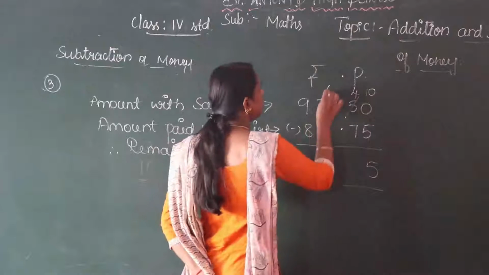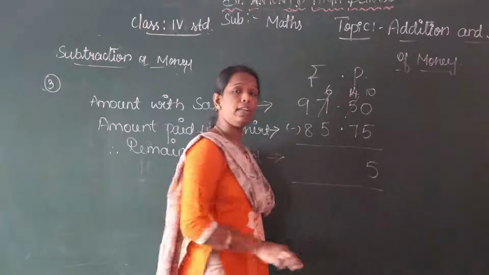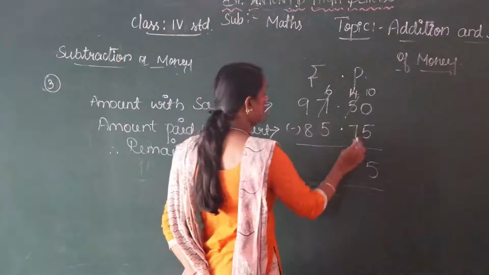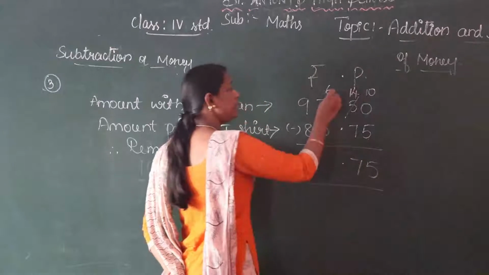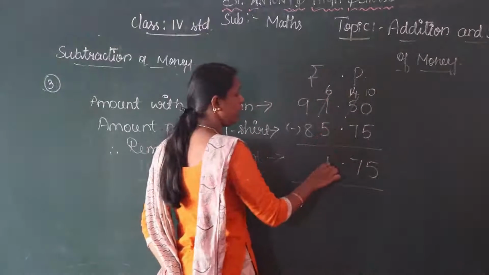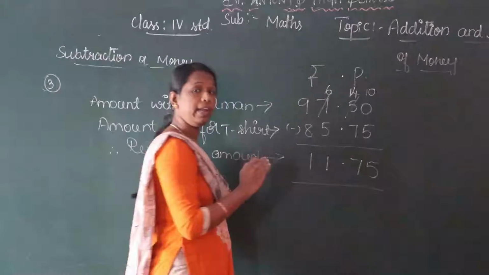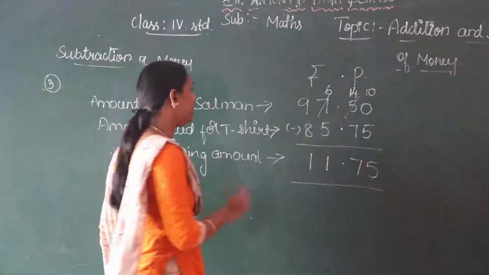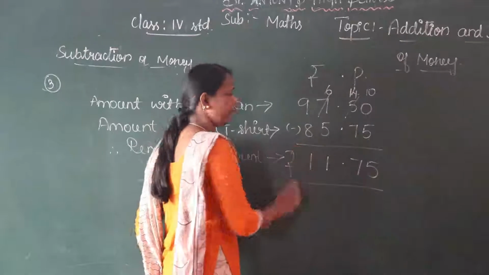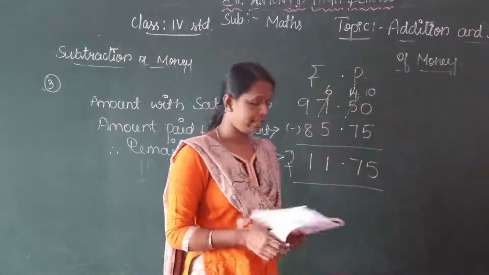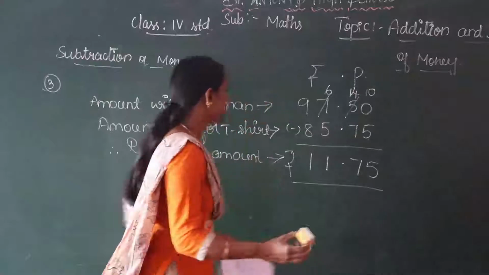So take borrow. This 4 becomes 14. 14 minus 7, 7. This 6 minus 5, 1. 9 minus 8, 1. So the remaining amount with Salman is rupees 11.75 paisa.